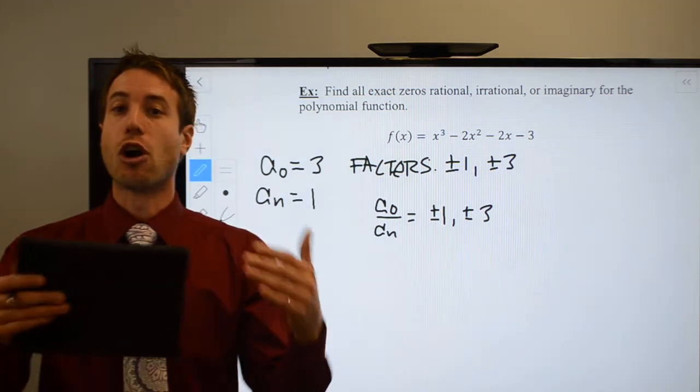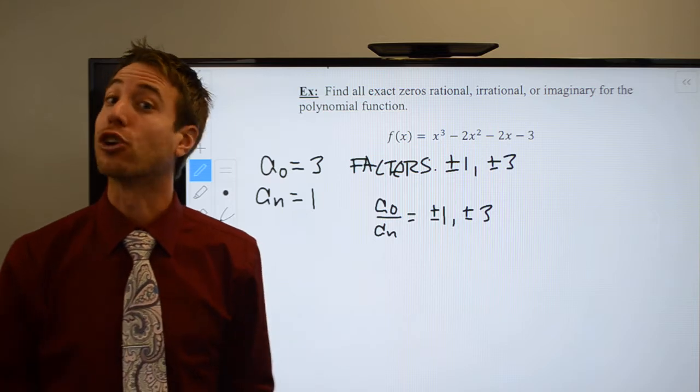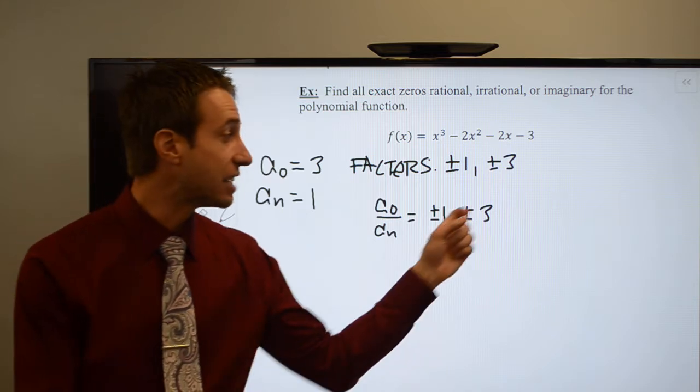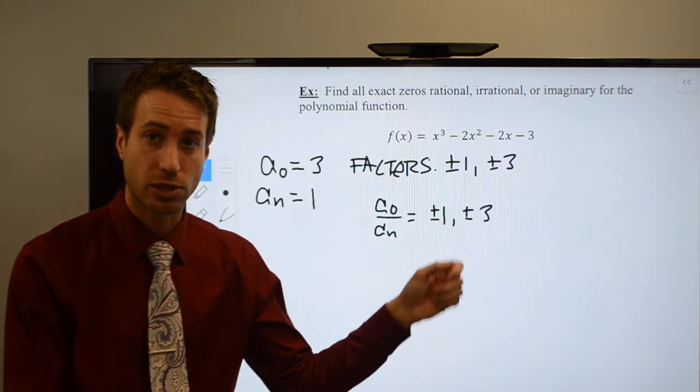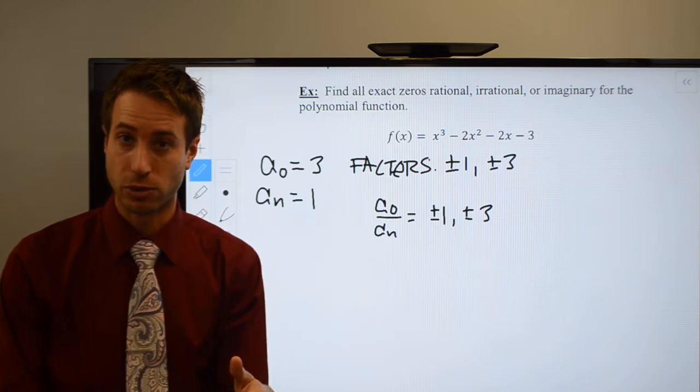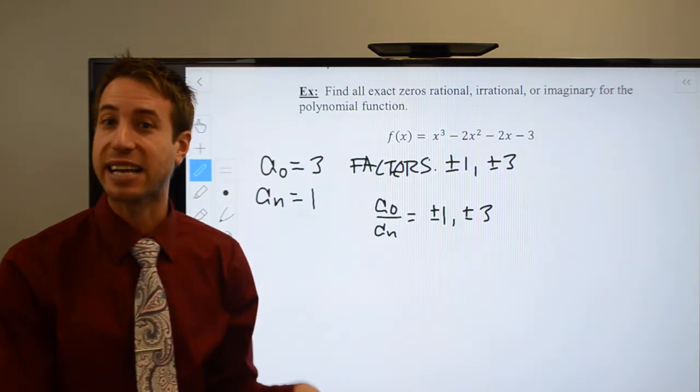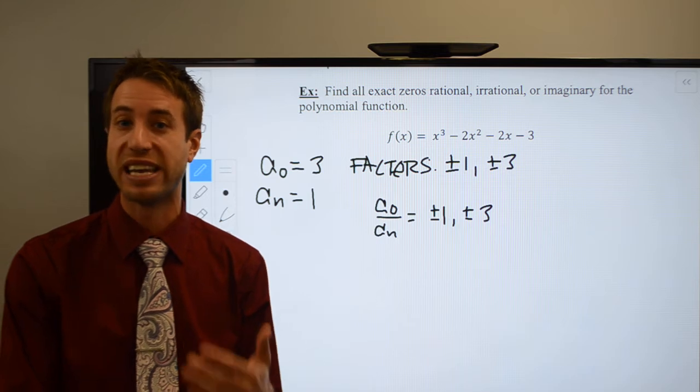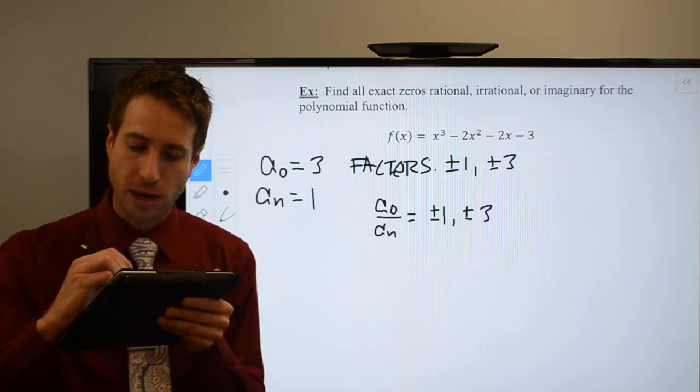Now, here are all the factors that you're going to need to check. Remember, these are possible roots. Not all of them are going to be roots. I want to go through and check them to see which one is. So here's my possibilities.